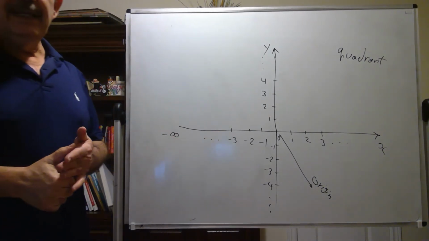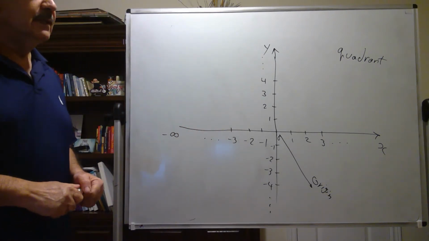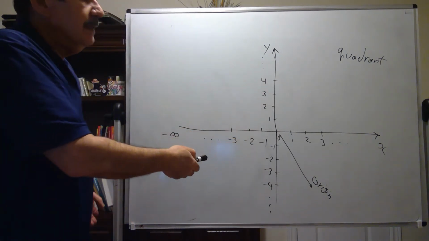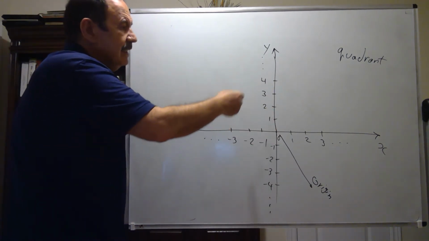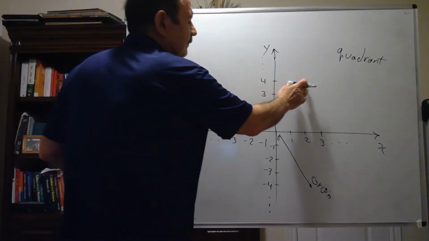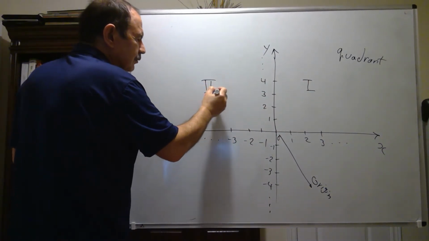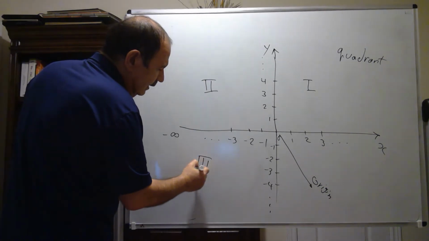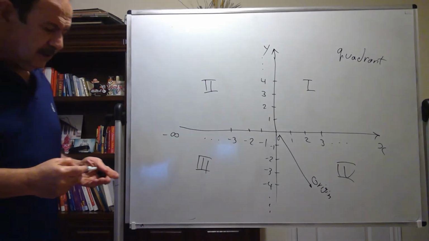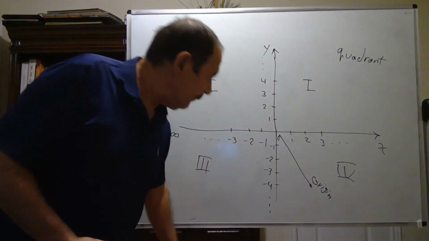We number them in the counterclockwise order, the opposite direction of the movement of the clock. In this direction, we number each of these quadrants. We call this one quadrant 1, this area quadrant 2, quadrant 3, and quadrant 4.